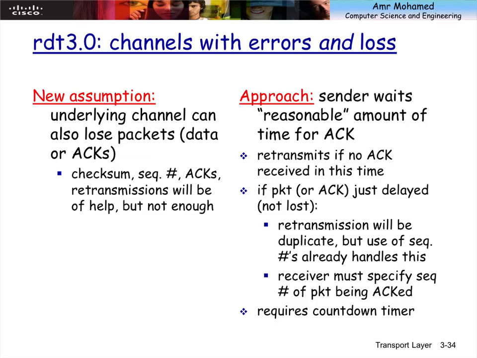This timer will fire after a certain period of time. When it fires, or when it's expired, that triggers another event, which is the timeout event. If this timeout event happens, the sender should send the same segment again.